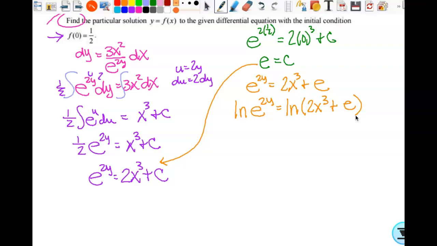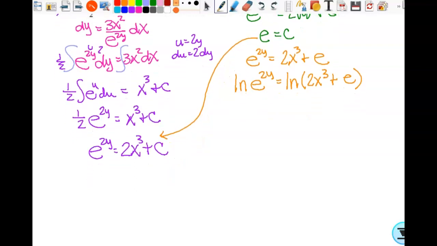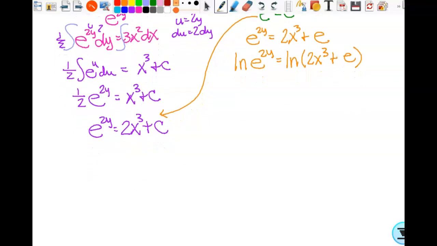Yes. That's why I'm having you write this step. Okay. So when we do this, we're going to write a couple extra steps because we don't know what we're doing with logs, all right? We have an exponent rule that says this 2y can come out into the front. So 2y times the natural log of e equals the natural log of 2x cubed plus e.